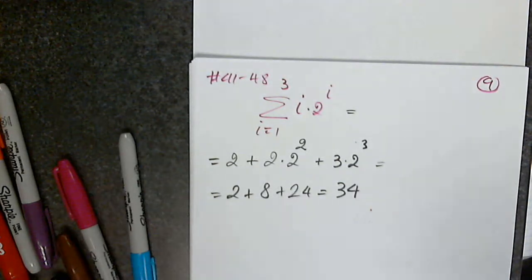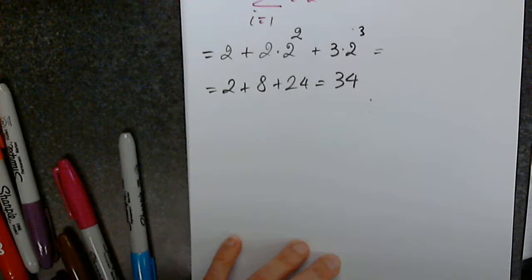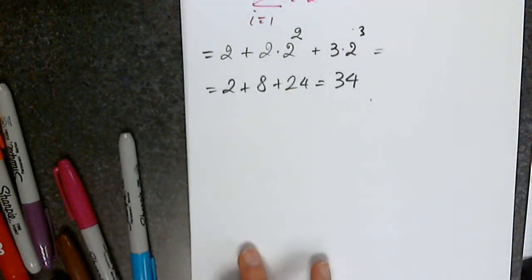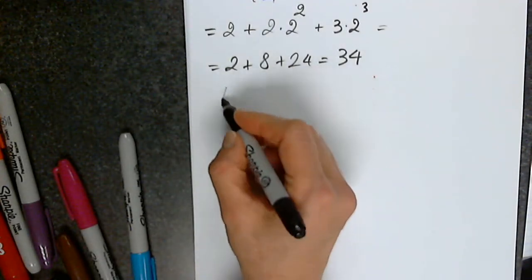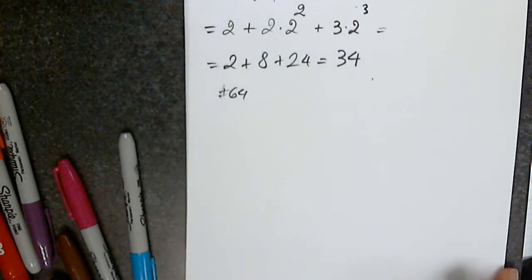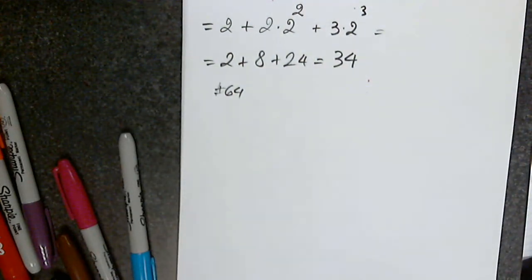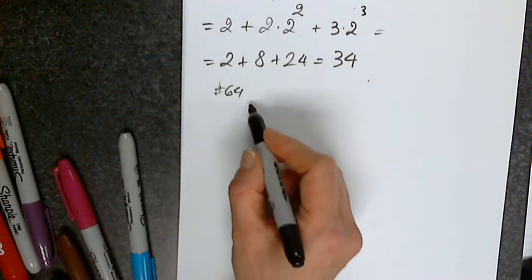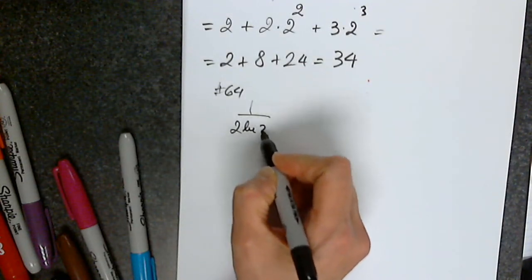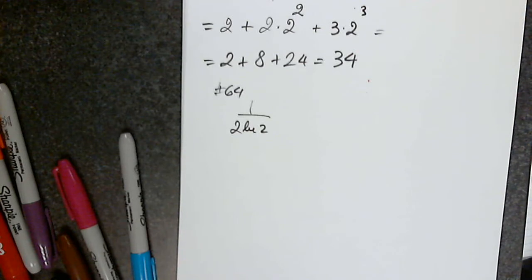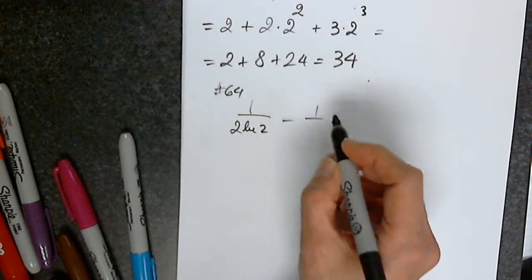I just want one example here, and we can move on to the last section with a word problem. So let's look at 64. We are only asked to write the sum using the sigma notation or the summation notation.